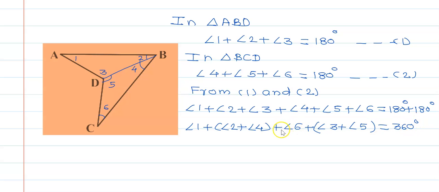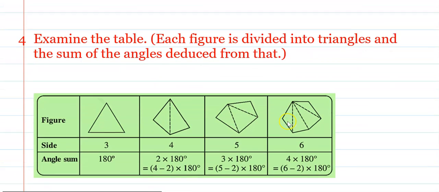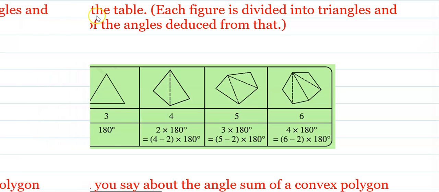Okay. Now see this, that is the angle A plus angle B plus angle C plus angle D, and that's equal to 180. This next example. Examine the table.